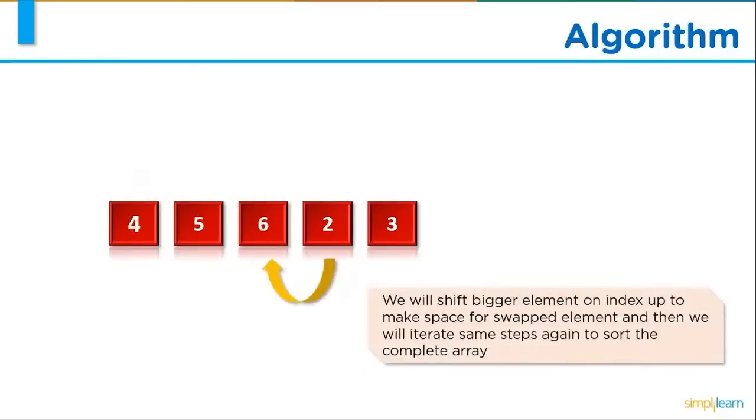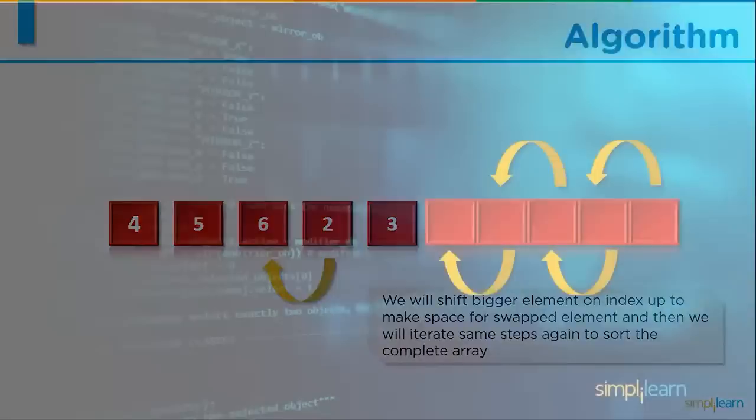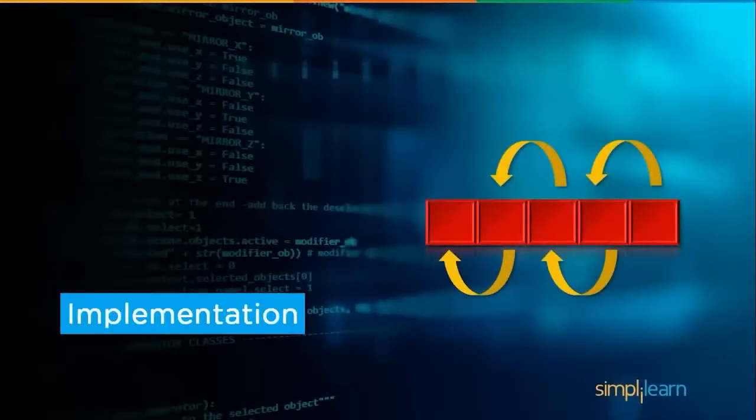After that, we will shift bigger elements one index up to make space for the swapped element, and then we will iterate the same steps again to sort the complete array. We have now introduced the insertion sort and its algorithm.